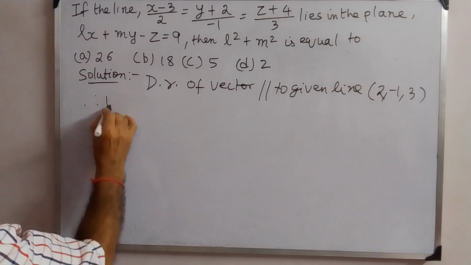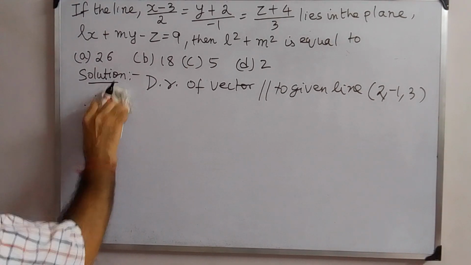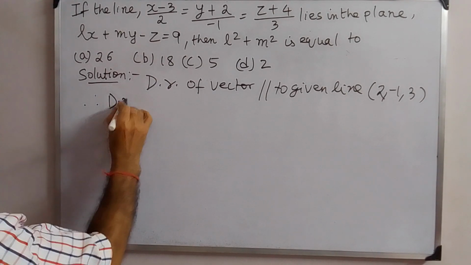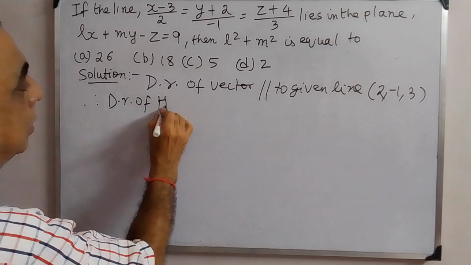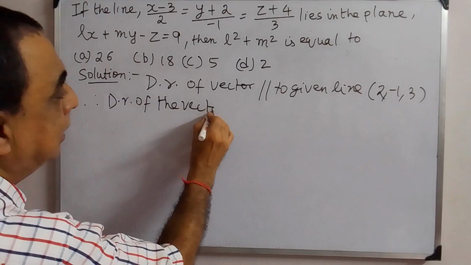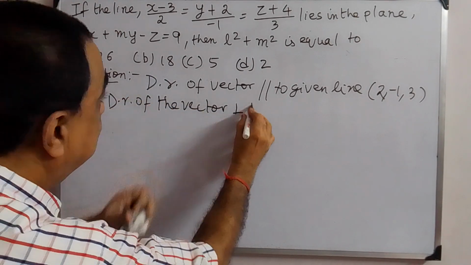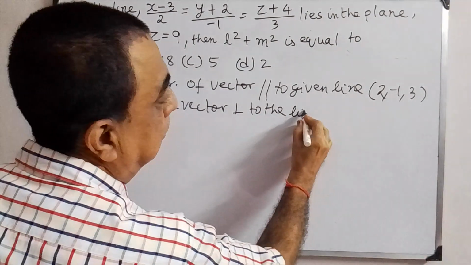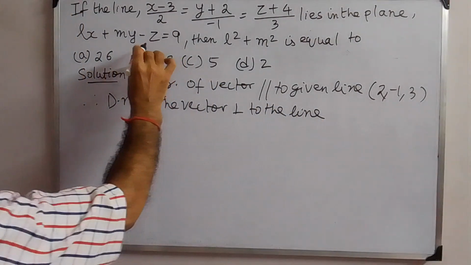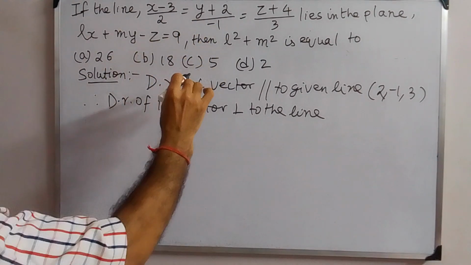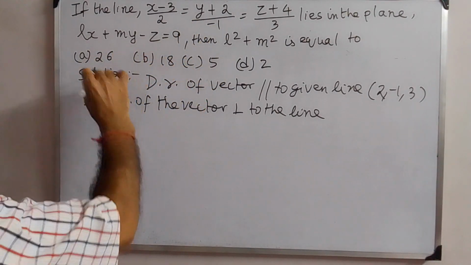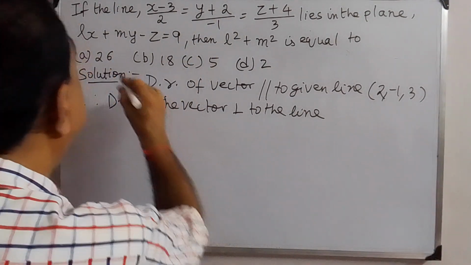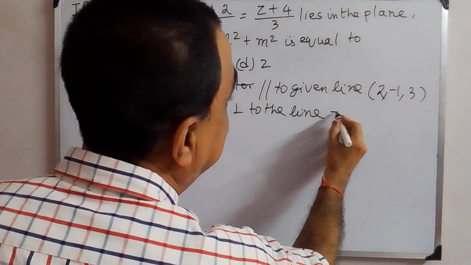So the direction ratios of the vector perpendicular to the line are the vectors which are perpendicular to the plane, and the line is lying on the plane. So what are the vectors which are perpendicular to the plane?